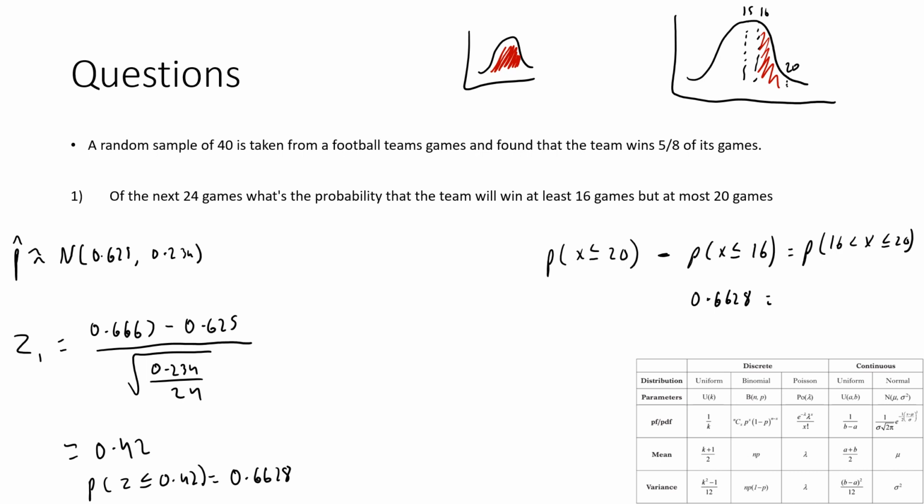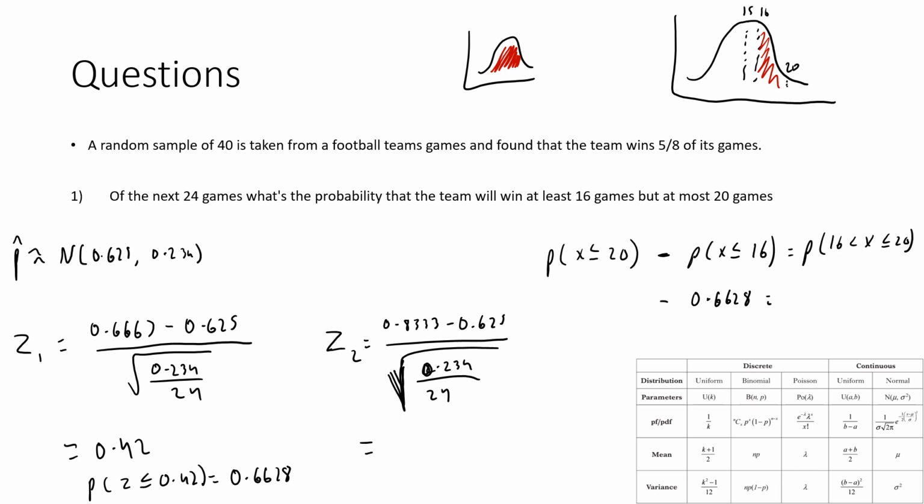Now let's find our second z value. So we do 20 over 24, which is 0.8333, minus 0.625, again over the standard error. Make sure the square root goes all the way down the fraction, or you would lose a mark.